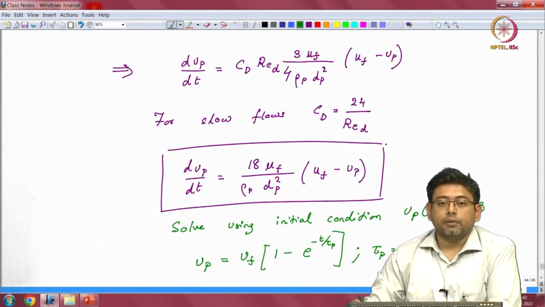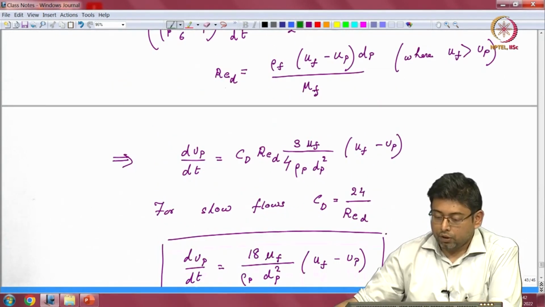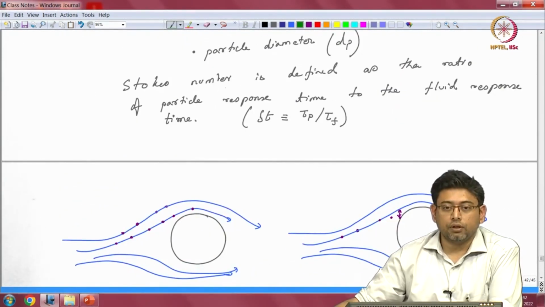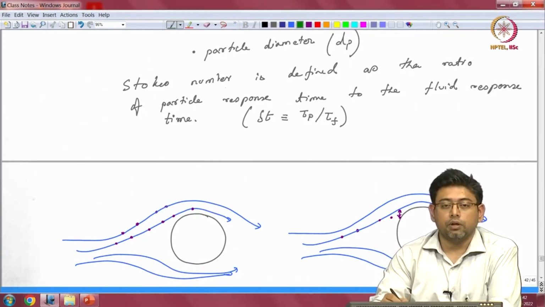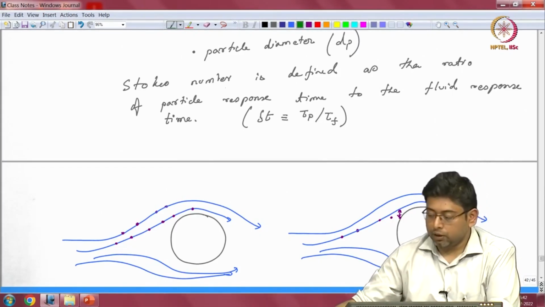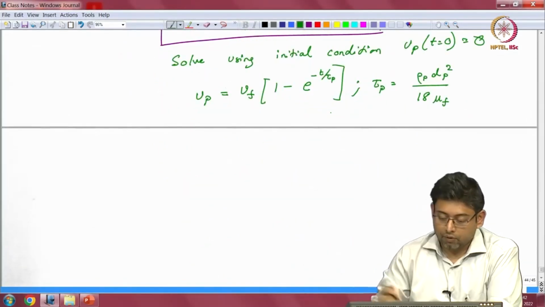So now I have an algebraic expression for my particle response time, which, if you recall, is how we started off with the definition of the Stokes number, where the particle response time was in the numerator. And now we have to figure out what the fluid response time scale is. The fluid response time scale is rather straightforward.